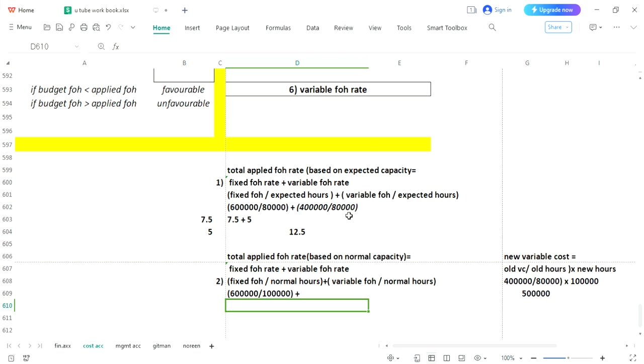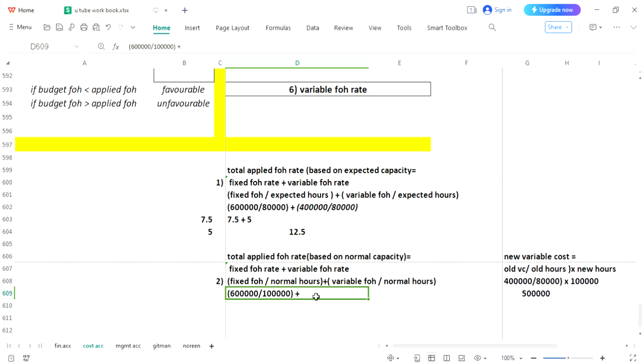Since we have changed the hours from 80,000 to 1 lakh, obviously if you increase your number of units, variable cost would increase. If you decrease your number of units, variable cost would decrease. Fixed cost would be similar, but we have changed our working hours from 80,000 to 1 lakh, so according to the definition of variable cost, it should have changed. We used a formula and calculated our new variable cost for 1 lakh hours.